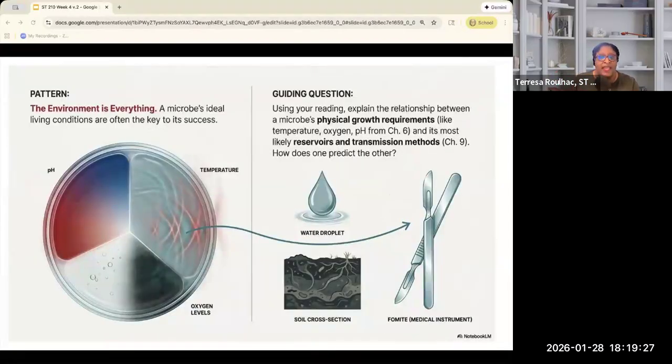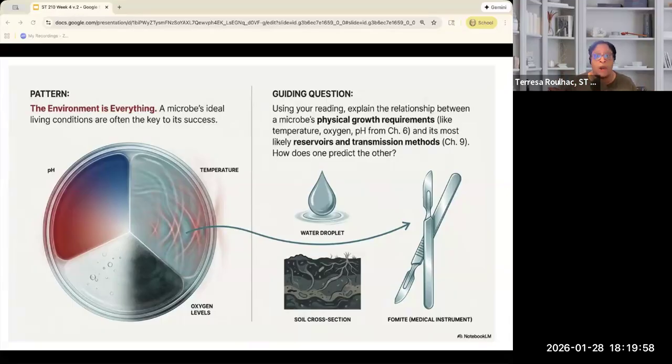Okay, now the environment is everything. If you understand where a microbe thrives, you can often predict where it comes from and how it actually spreads. Look at the left side first. Okay, pretend like you don't see the guiding question over here. Microbes have preferences: temperature, oxygen levels, pH.